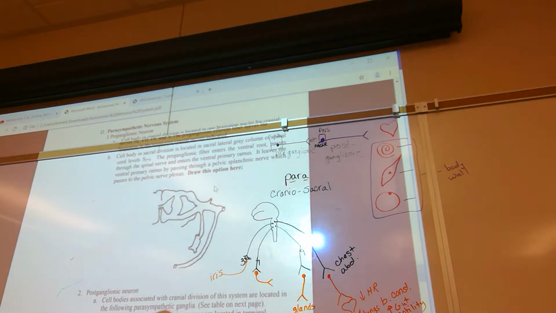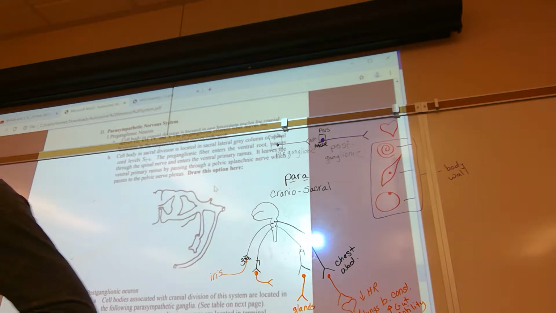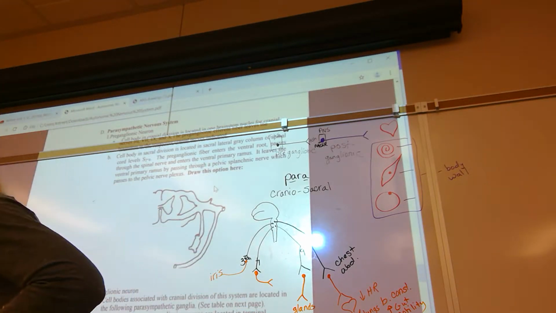Anything downstream of the left colic flexure, your descending colon, your sigmoid colon, anything in your pelvic bowl, cranial nerve 10 can't get to.